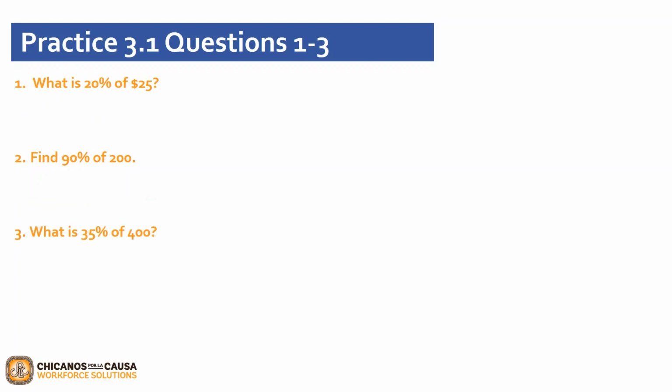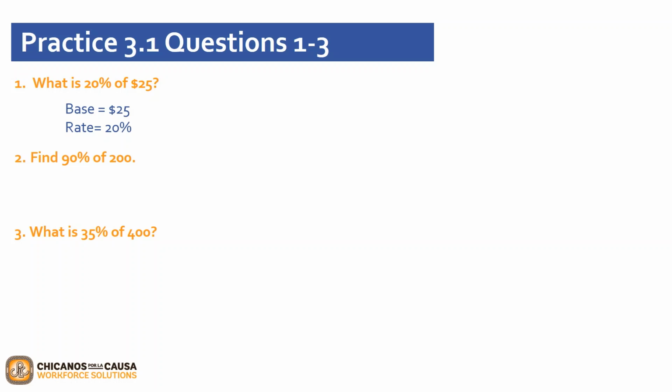Welcome back. Let's now review the following 3 questions together. Question 1 asks, what is 20% of $25? To solve question 1, we need to use the percent formula base times rate equals part. Our base for this first question is $25 and our rate is 20%.